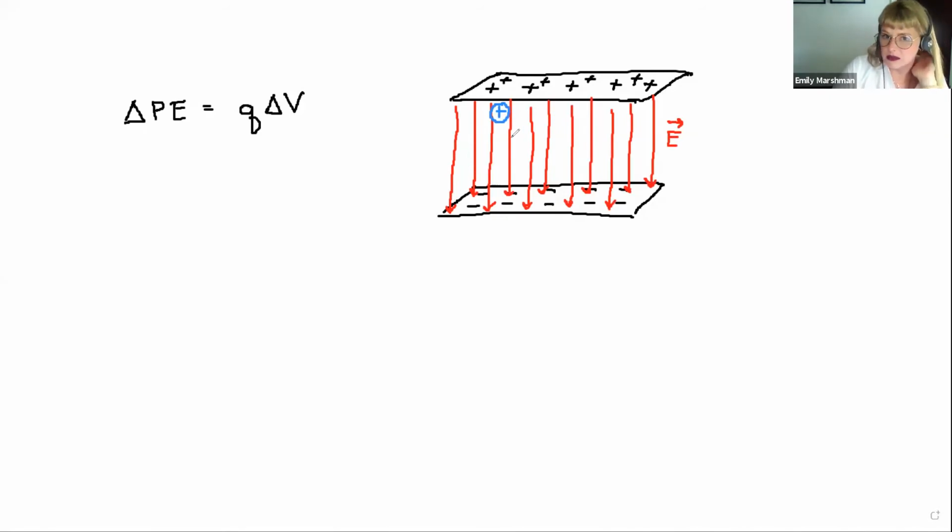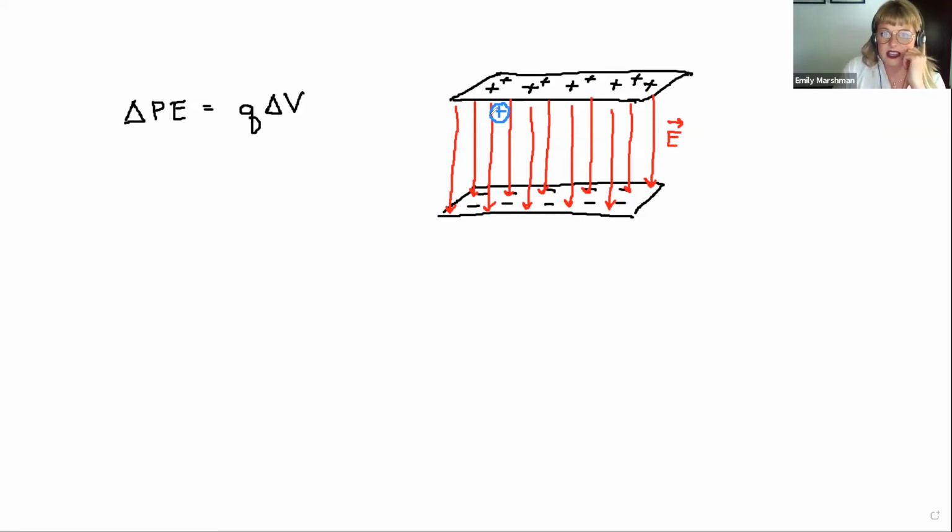If I put it up here near the positive plate and try to hold it there, that takes a lot of energy for me. It doesn't want to be near the positive plate. It wants to fly down towards the negative plate.